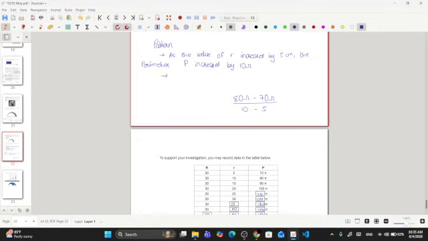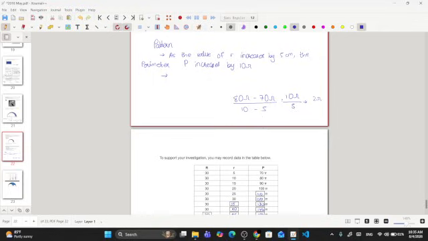Because when R is 10, P is 80 pi, and when R is 5, P is 70 pi. So that becomes 10 pi divided by 5, which is 2, and pi remains as it is. So for every one value that R increases, the value of P increases by 2 pi.